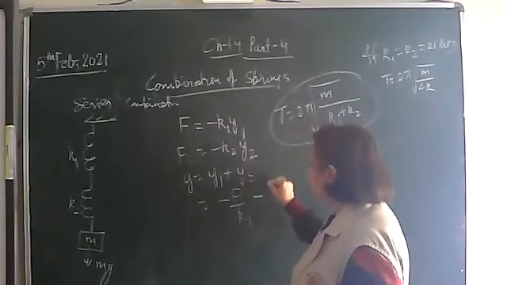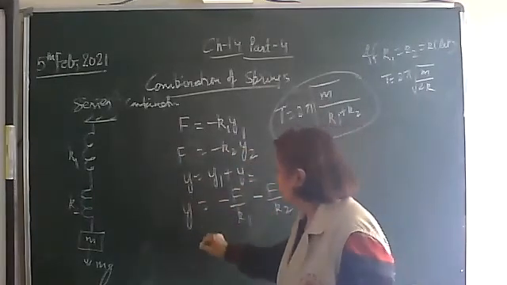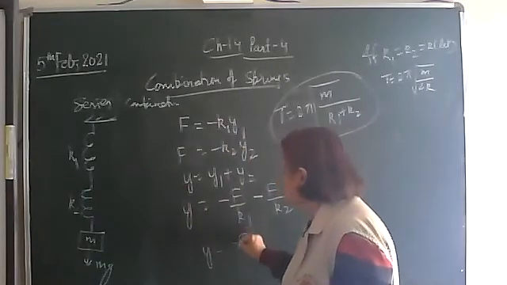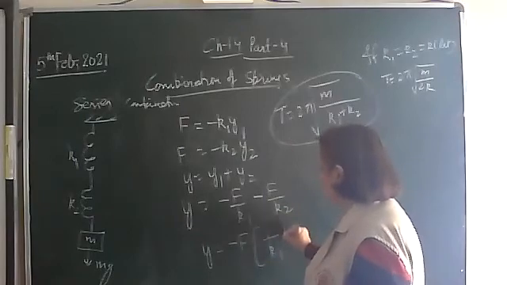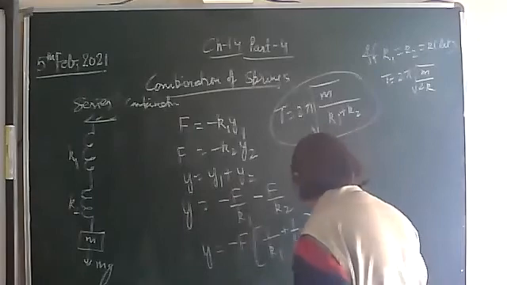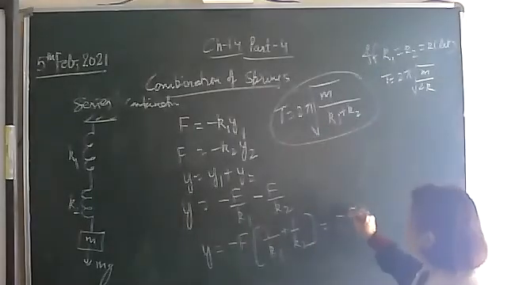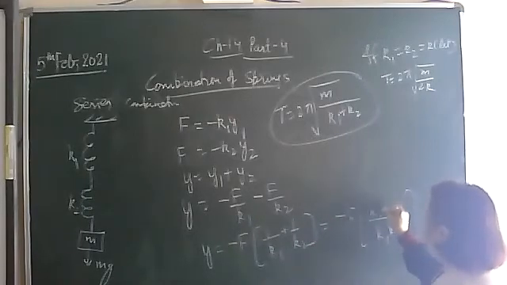From here, y2 is minus F upon k2. Take this minus F common. Inside the bracket, 1 upon k1 plus 1 upon k2. That is minus F, take the LCM: k1 into k2 upon k1 plus k2.